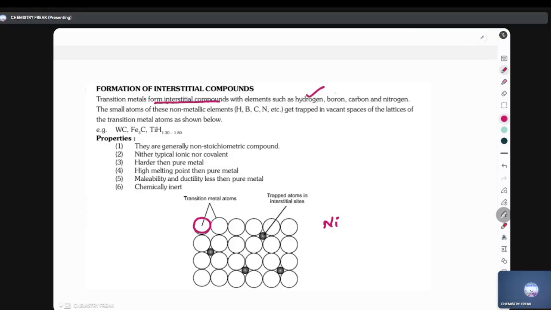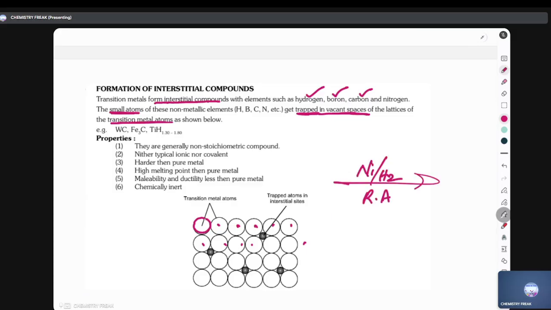When hydrogen, boron, carbon, like small atoms, are trapped in the spaces of D block elements. For example, this is all nickel. So nickel, in most of the reactions you might have seen, you will write nickel with hydrogen. This is a reducing agent. Why? Because nickel traps a lot of hydrogen within it. Such compounds are called what compounds? Interstitial compounds. And they are non-stoichiometric.